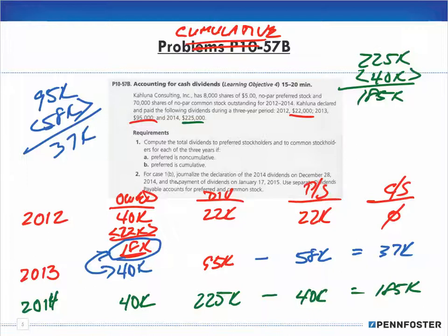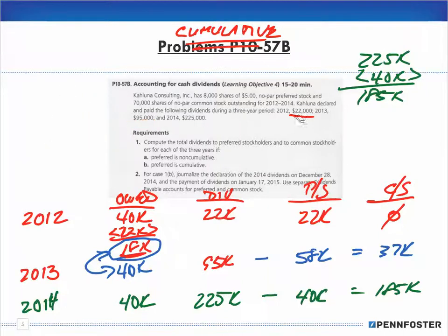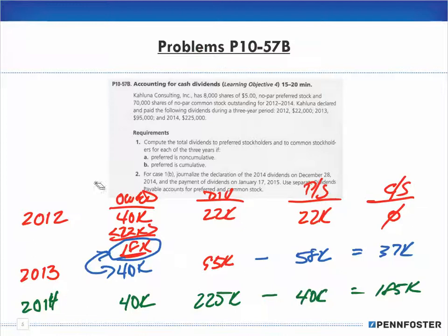Now it says here, 2, for case 1B, journalize the declaration of the dividends on December 28th and the payment of dividends on January 17th. Use separate dividend payable accounts for preferred and common stock. All right, let me see here. I'm going to try to write this all because I want this information here.